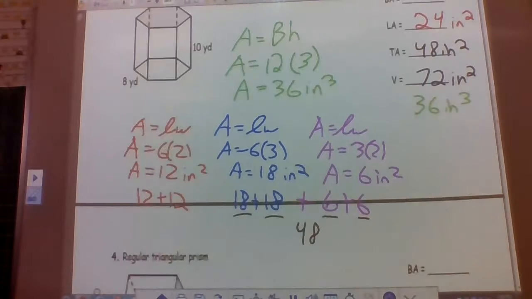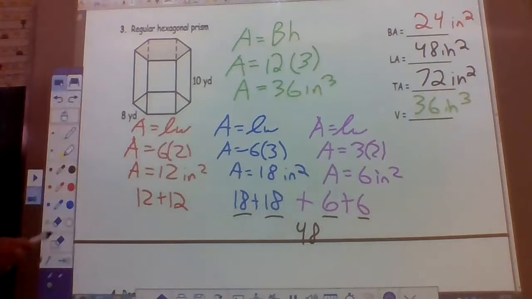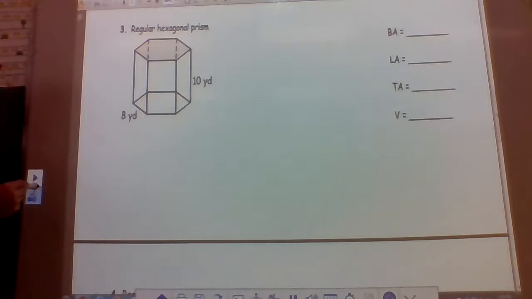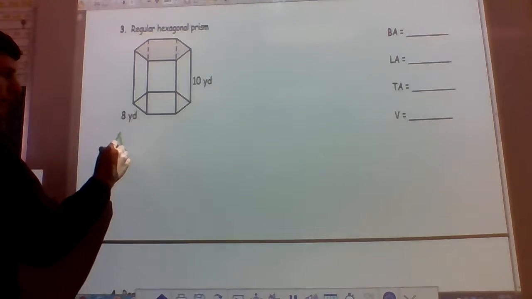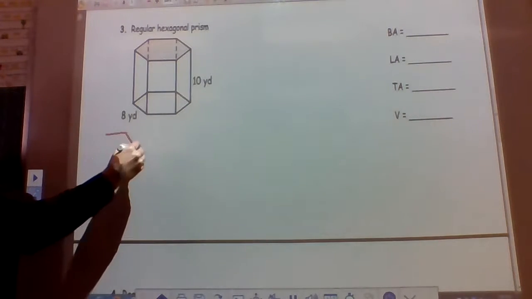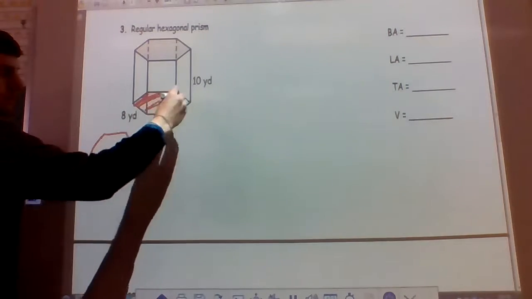Next is the regular hexagonal prism. So we found the formula for the hexagon. It should be in our notes. So a hexagon is going to have an area of, this area, so the area of our base here.